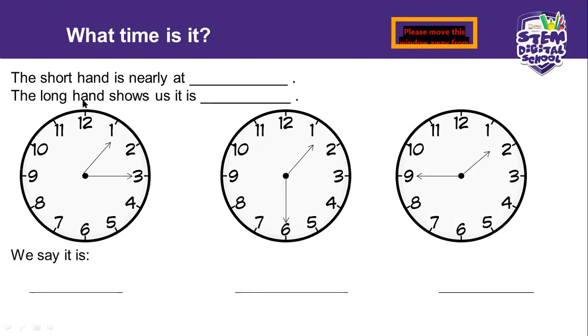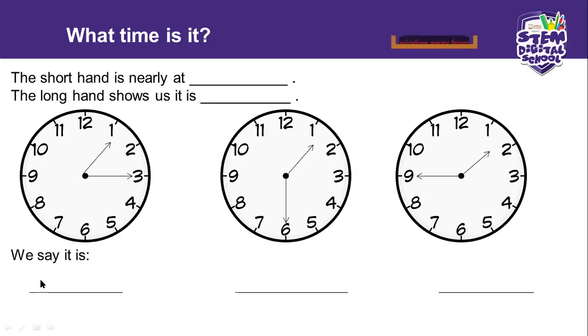Okay, and then our long hand here, or our long arm, shows us it is where? It is at 3, and we said when your long arm is at 3, what is it? Correct, it is 1/4 or 15 minutes past.